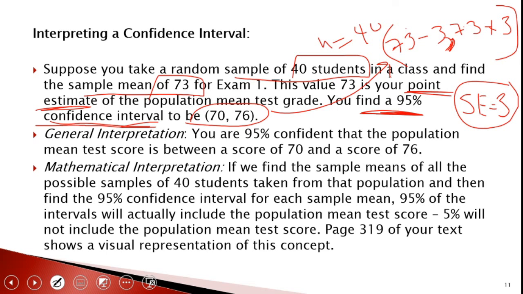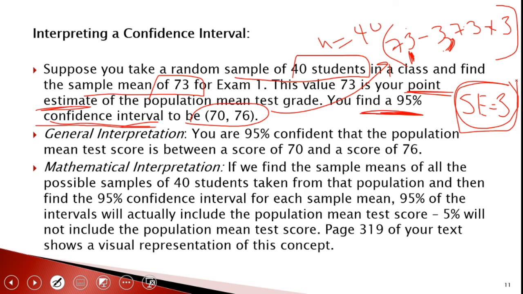I'm sorry, it's really hard to write on the screen, but I'll try to manage. This becomes 70 and this becomes 76. So that's how we get this interval. Clear? Your point estimate plus or minus the standard error. Here I have considered the standard error is 3; this is something they have given to you.